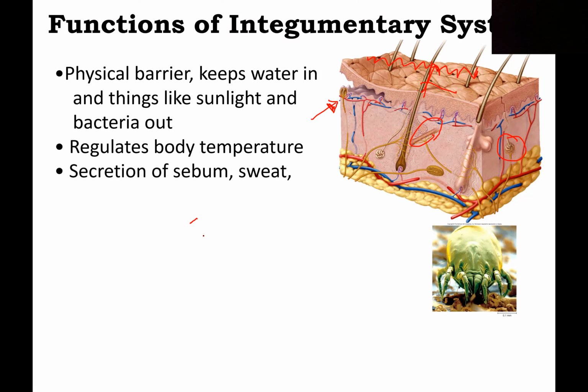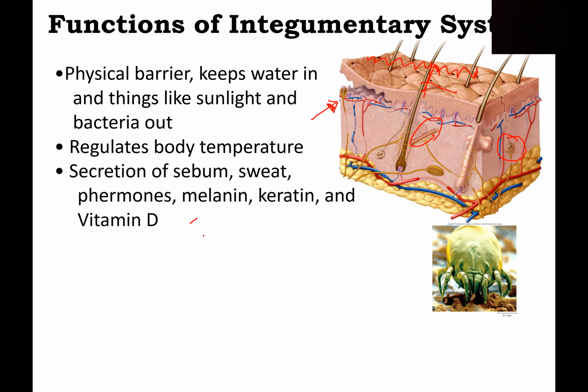Secretion of sebum, sweat, pheromones, melanin, keratin, and vitamin D. So, making lots of different things. All right, so the sebum is going to be used to waterproof the skin.